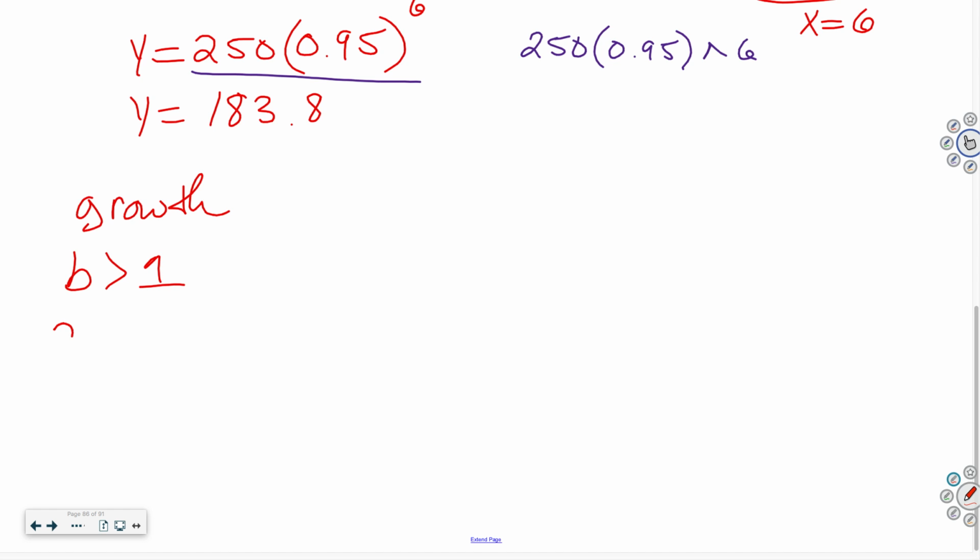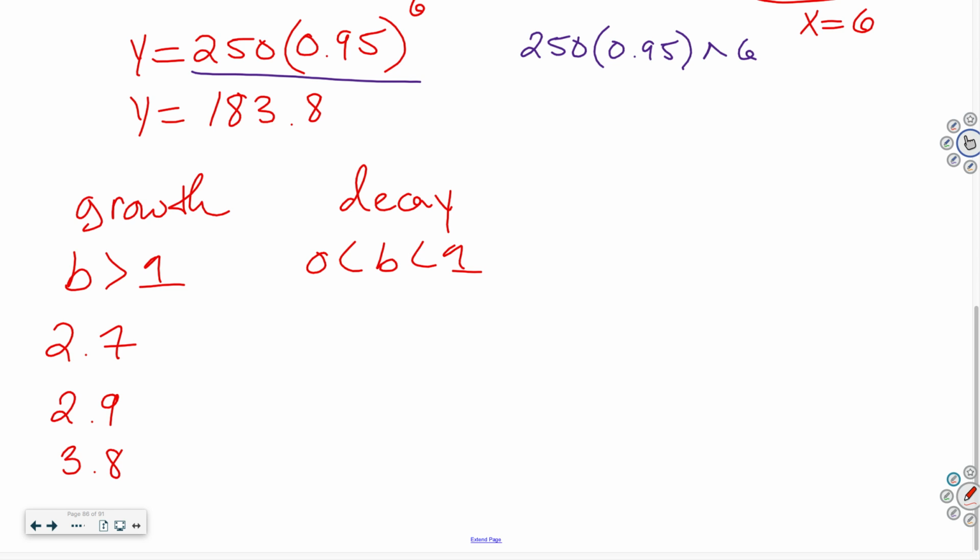So examples of 2.7, 2.9, 3.8. These b values would all cause a growth of some sort. Decay has a b value that is less than 1, but still greater than 0. So it's between 0 and 1.